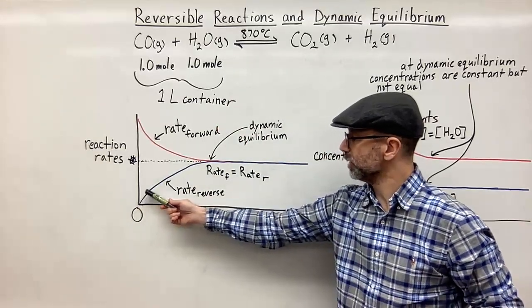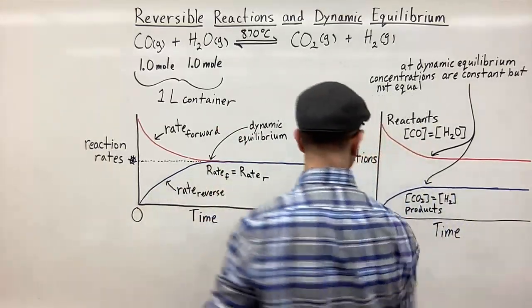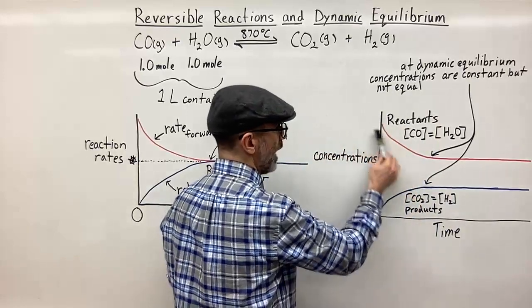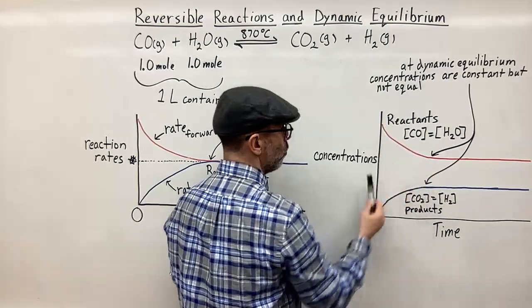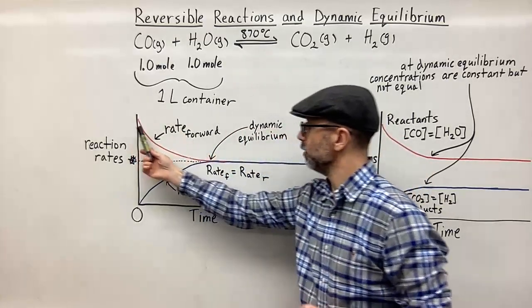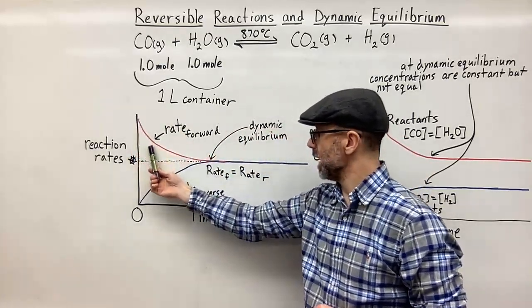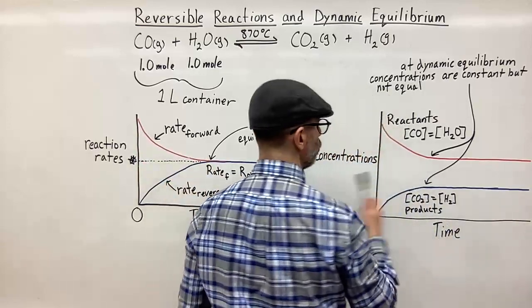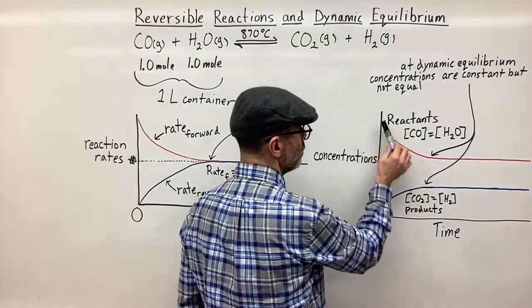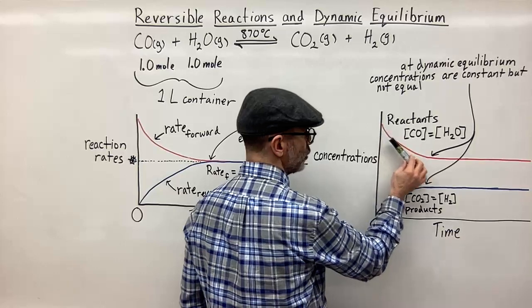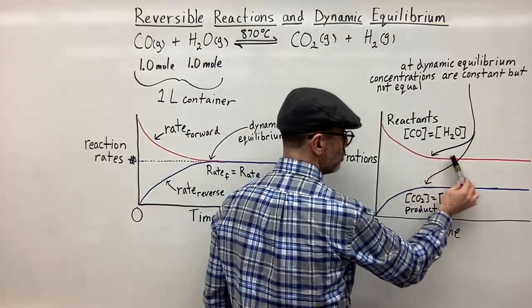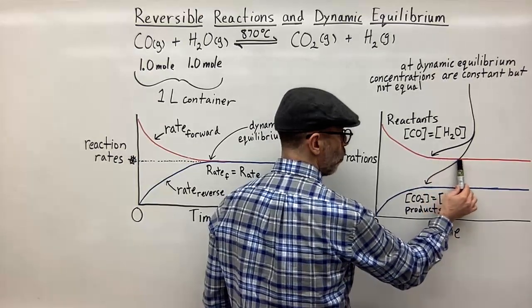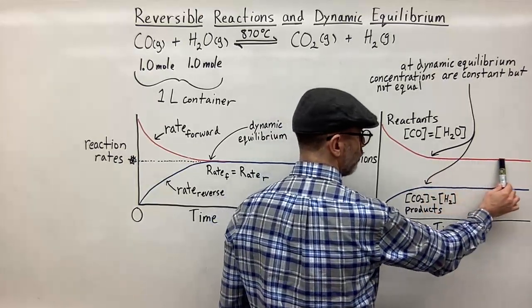It starts to increase as well. The concentration of reactants decreases and decreases. What happens to the rate of the forward reaction? It goes down, right? And so you'll notice here that the reactant concentrations are going to decrease until it plateaus, and there's no more change in the concentration of reactants.